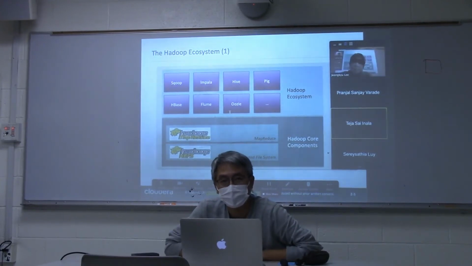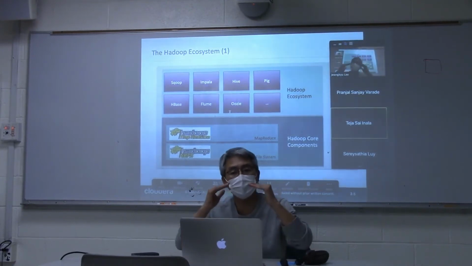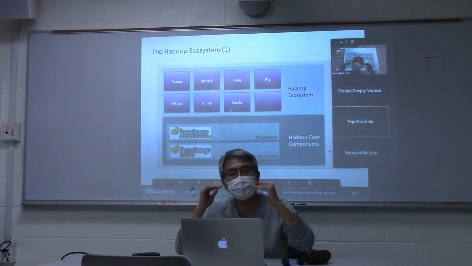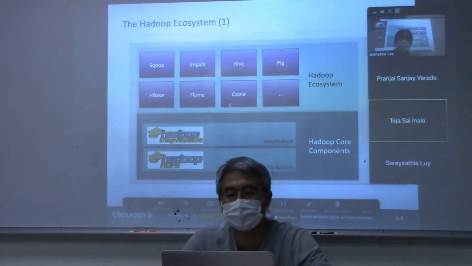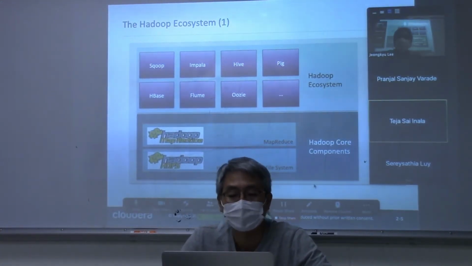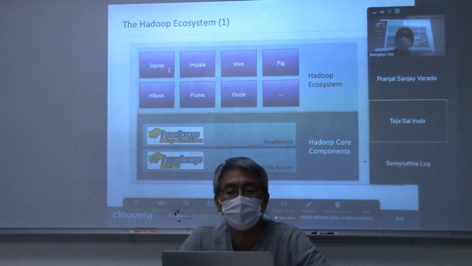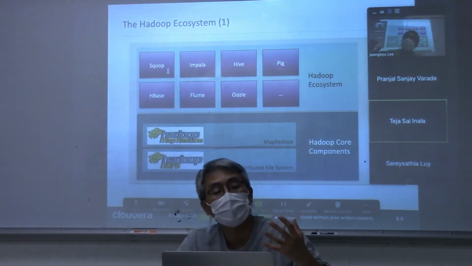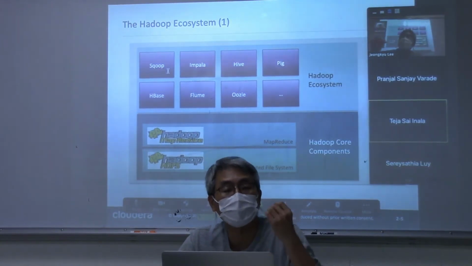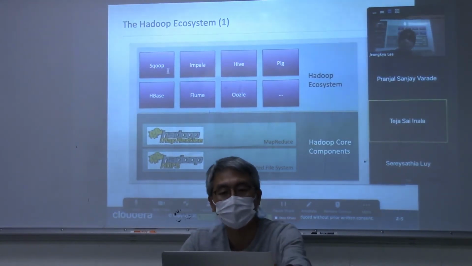The Hadoop ecosystem is a group of software running on top of MapReduce as well as HDFS. Nowadays, we have another main component, YARN, the resource manager. So today we are going to see very briefly each of the Hadoop ecosystem software.